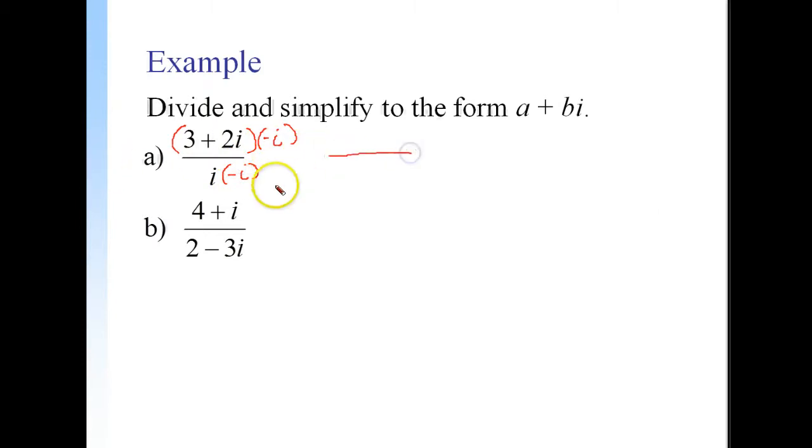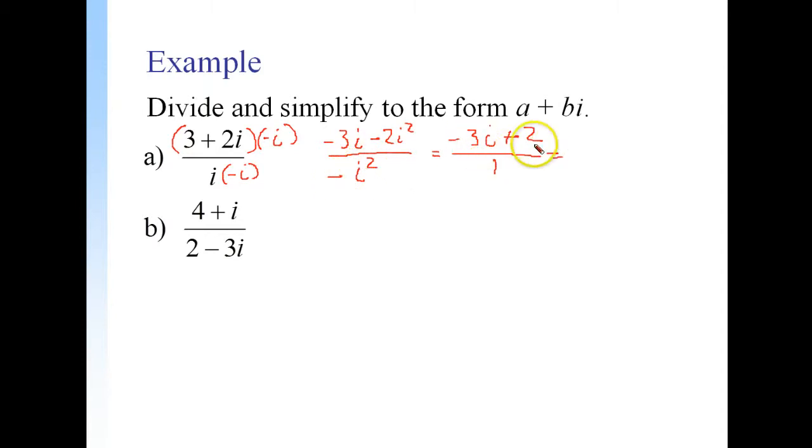So our denominator is going to become -i squared, and our numerator becomes a -3i and a -2i squared. But what is i squared? This is going to become a -3i, and this is going to be plus 2. -1 times -2 is plus 2 over -i squared. i squared is -1. The opposite of a -1 makes this a 1.